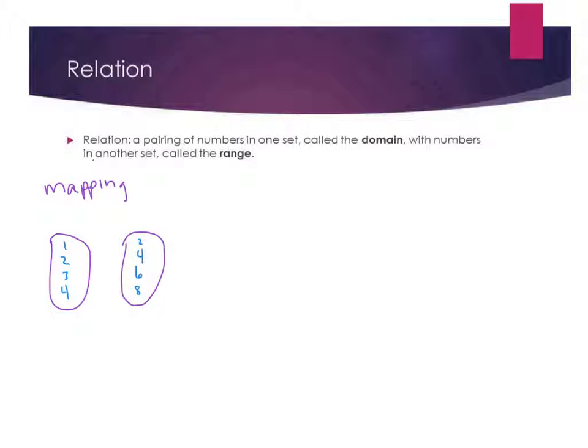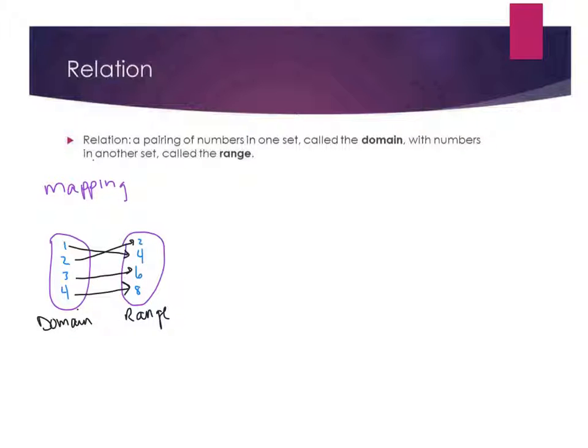And so my pairing is maybe 1 goes to 4, and maybe 2 goes to 2, and 3 goes to 6, and 4 goes to 8. So that is my pairing there. So this would be my domain, and this would be my range.